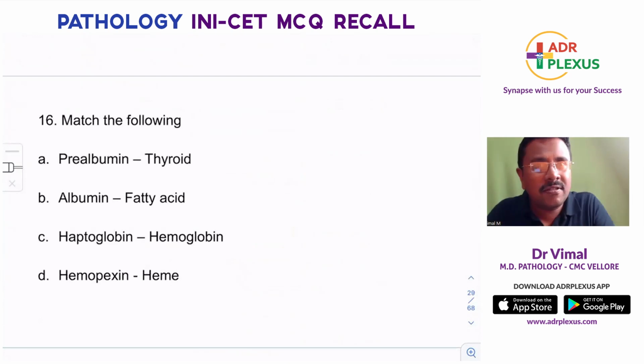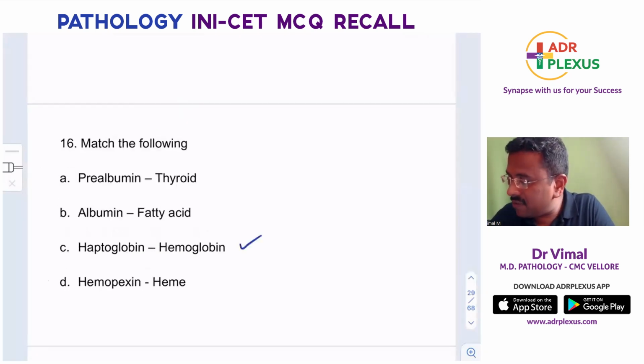Then this is also a straightforward question. Match the following carrier proteins with the hormone or substance they carry. I have arranged this question in the correct option manner, and all of us will know this. Prealbumin carries thyroid hormone, albumin carries fatty acids, haptoglobin is the carrier protein for hemoglobin, and hemopexin carries heme.